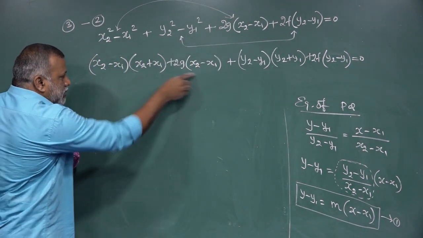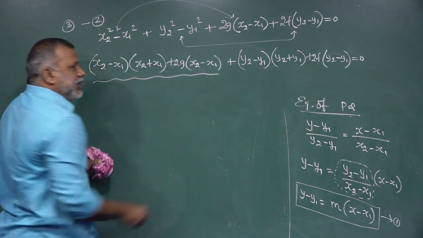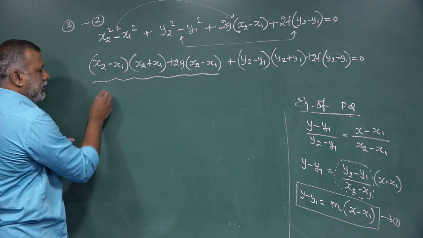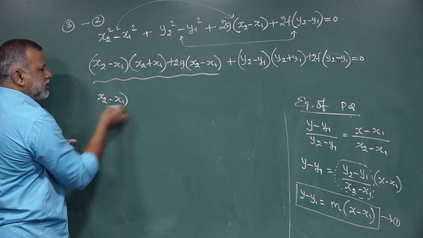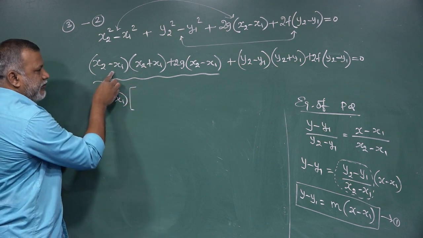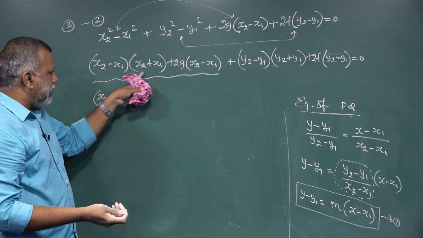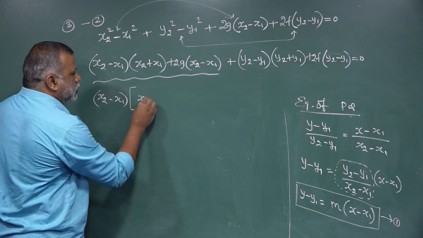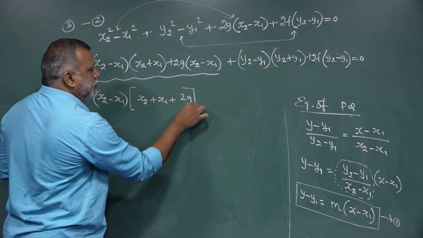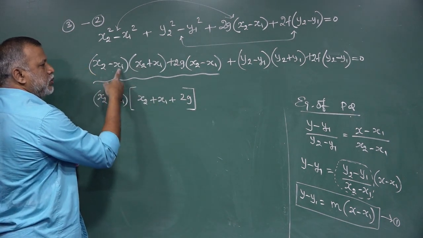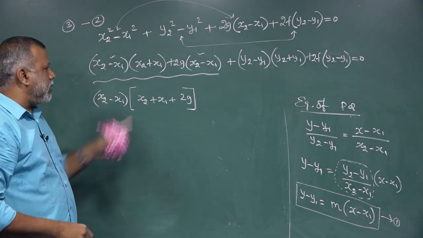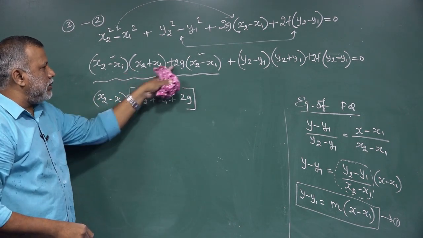Now see this one. From this we can take out x2 minus x1 as common. What is the remaining value here? If you take out x2 minus x1, the remaining value is x2 plus x1 plus 2g. I am taking out this factor x2 minus x1 as common; the remaining is x2, x1, 2g.